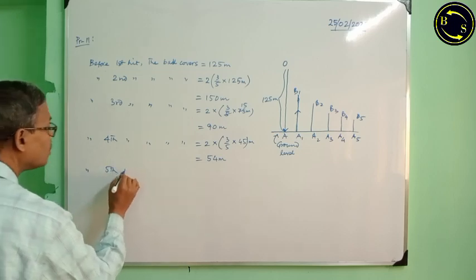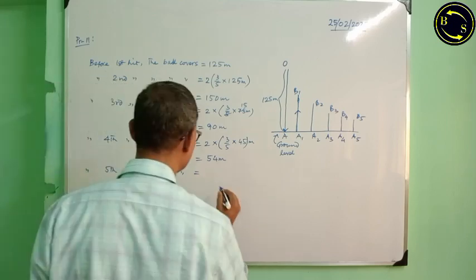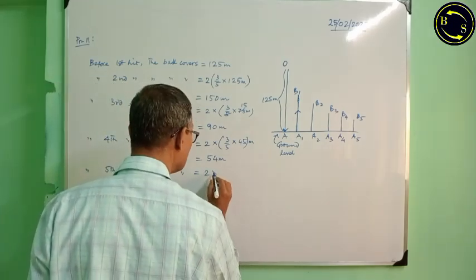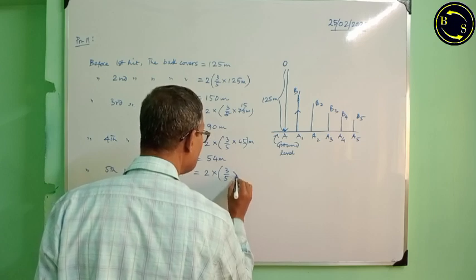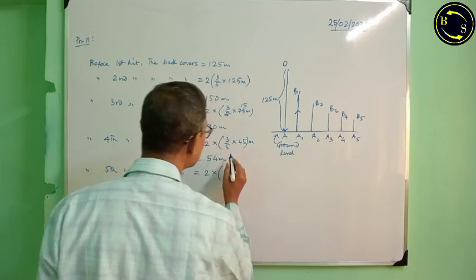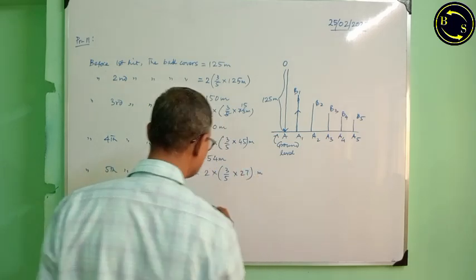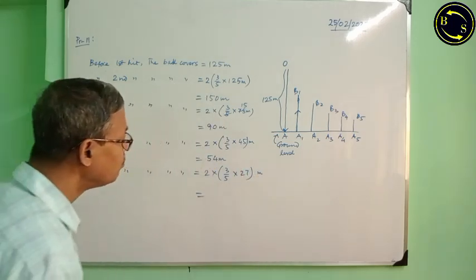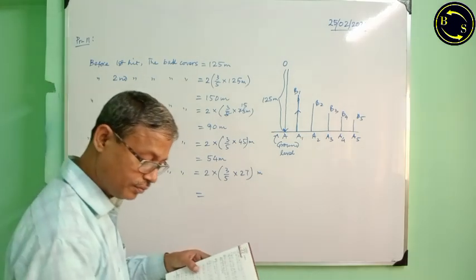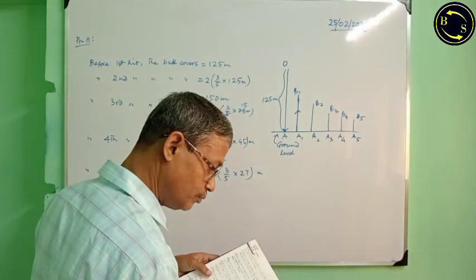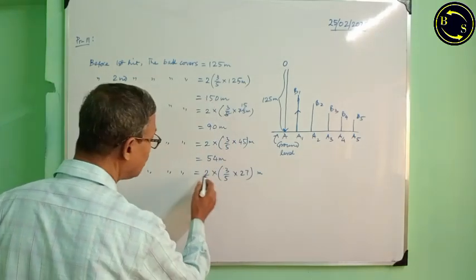Fifth hit, 2 into 3/5 into 27 meters. It will be 162 by 5.